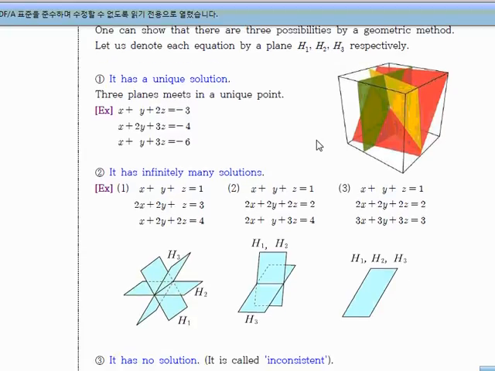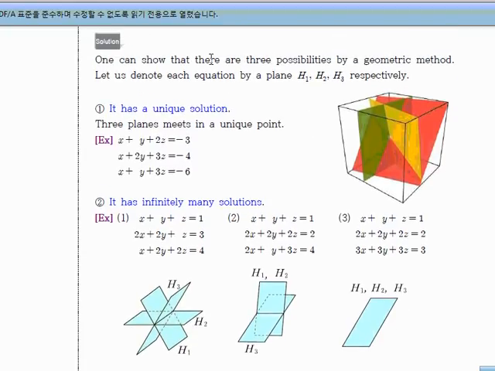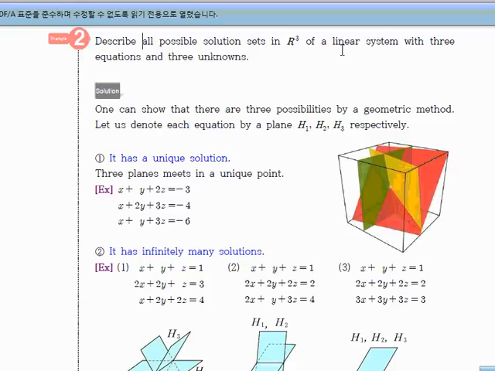Suppose we have a linear system of equations with three equations and three unknowns like this. Then let's describe all possible solution sets in R3.